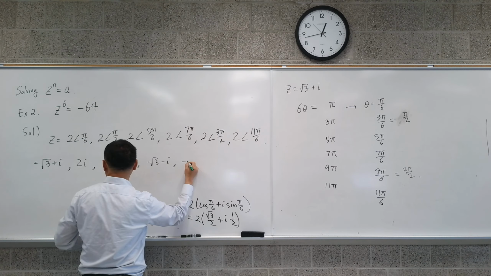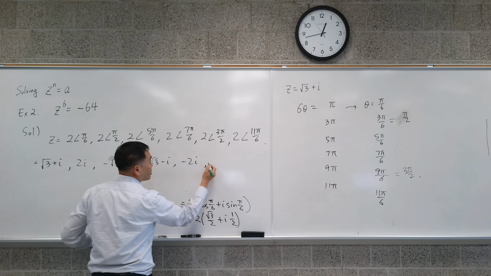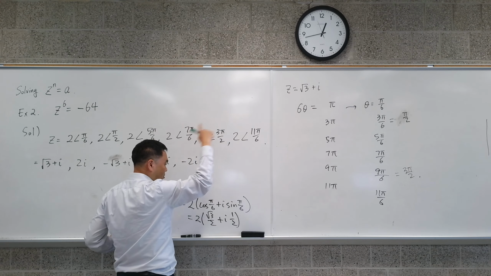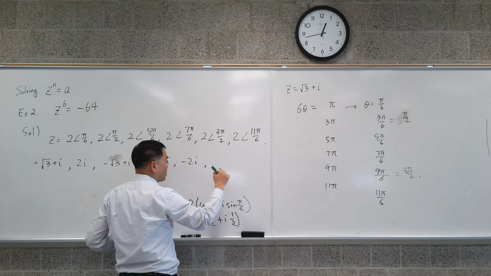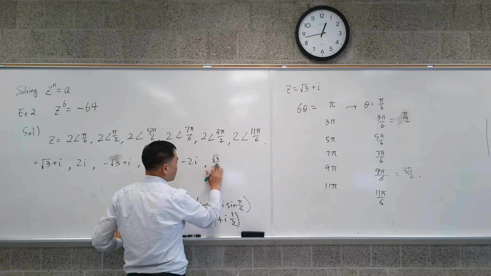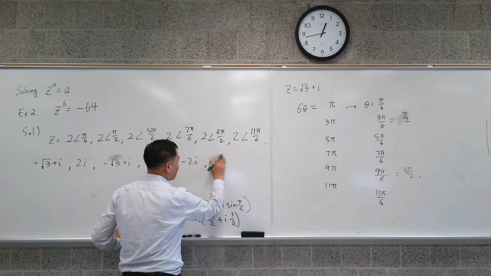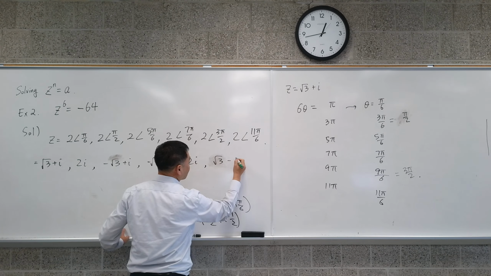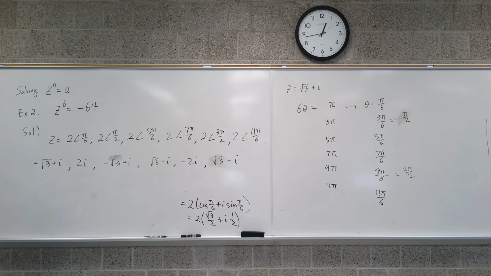This will be minus 2i. And this will be radical 3 minus i. Okay? So all of these numbers, if you took some time to take the 6th power, you're going to get negative 64. That's the answer.